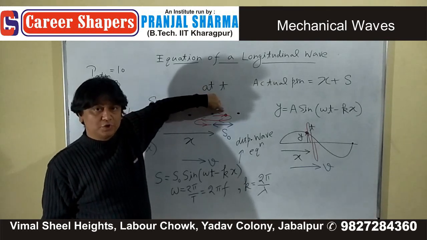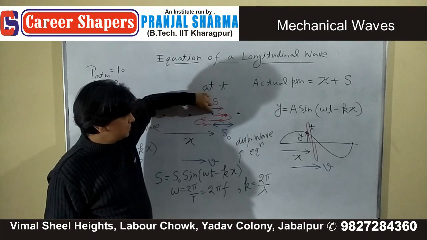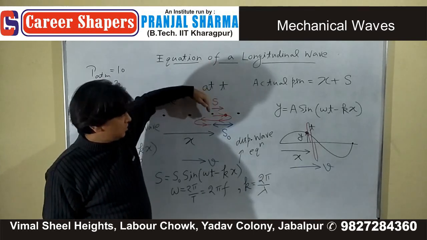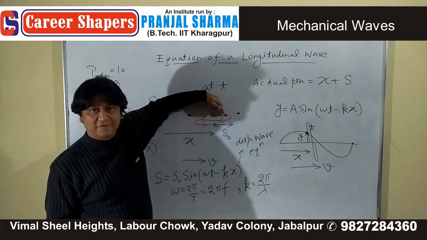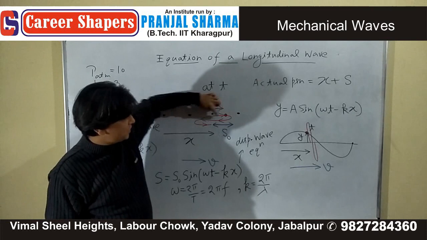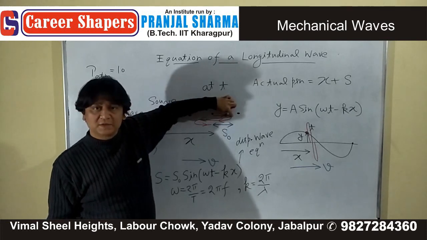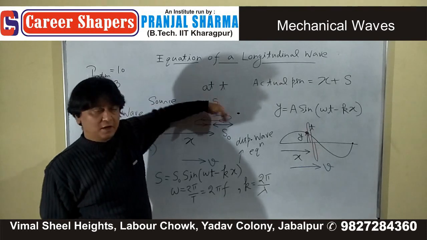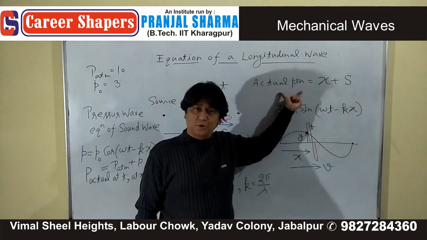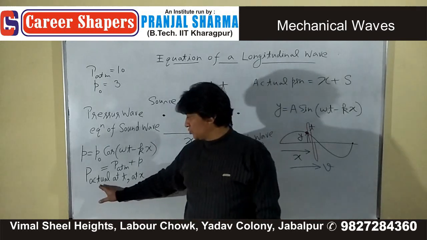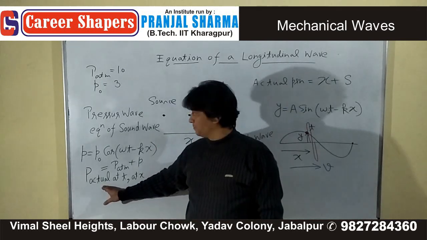Then the actual position is 10 plus 2, that is 12. Now, this is 2, but after some time, you will also find it here. It can oscillate between these 2 points, plus S0 and minus S0. So its position will vary. That's how you will find actual position with respect to source, and that's how you will find actual pressure at any point.